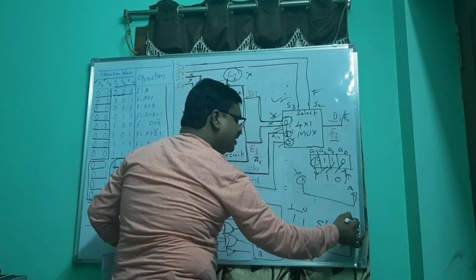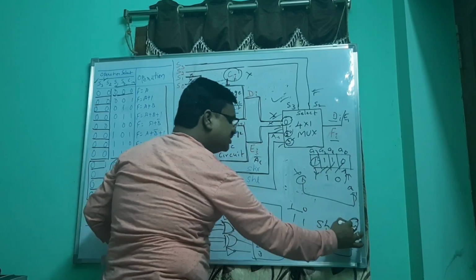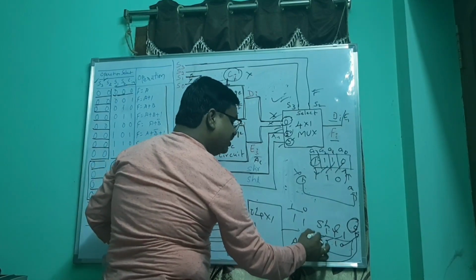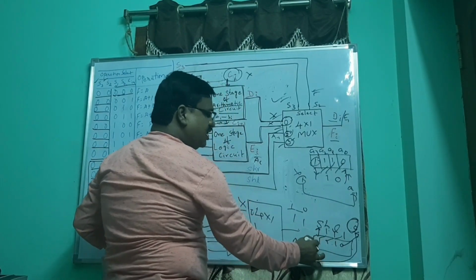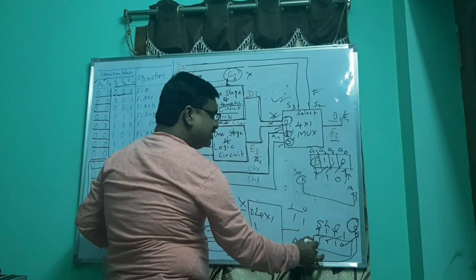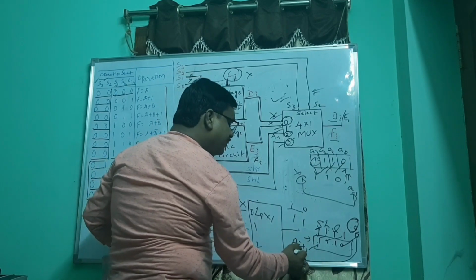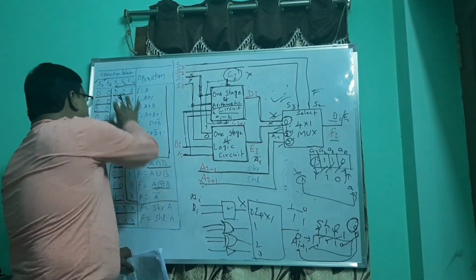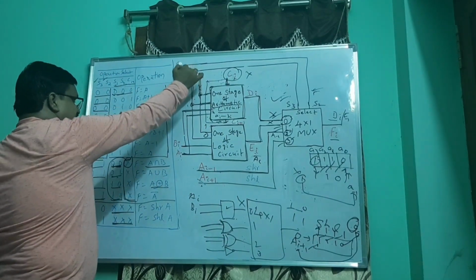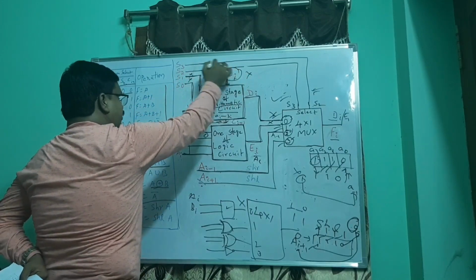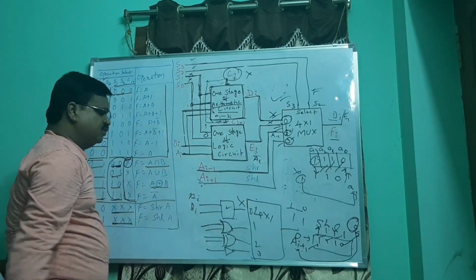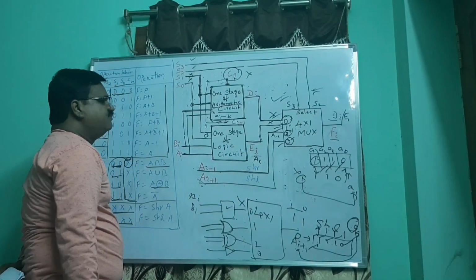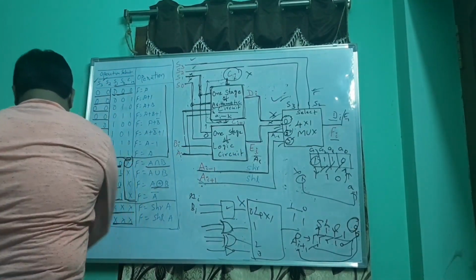If it is a circular shift operation, the same value 0 will come to here. Or else this new AI plus 1 may be the same value if it is an arithmetic shift operation. Or this AI plus 1 will be a 0 when it is a normal shift operation. So irrespective of the S1, S0 and C in values, based on only S3 and S2, this multiplexer is going to work out as shift micro operations.